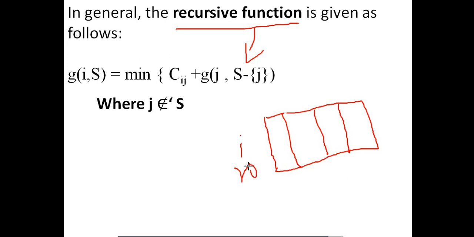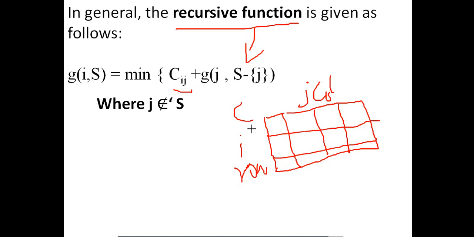So I represents row and j represents columns. Okay, now C of ij is the cost of ith row, jth column.